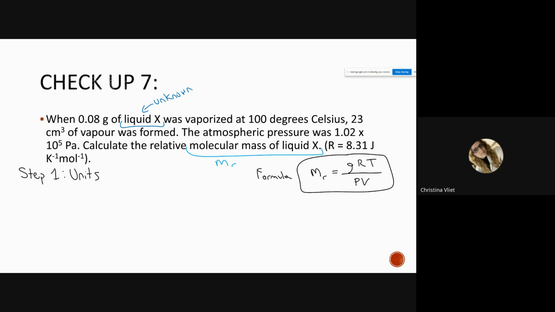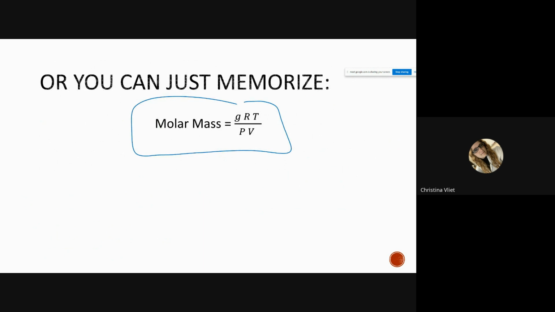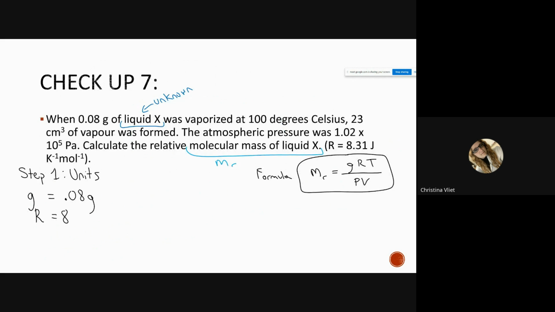So, G, is that the right unit? Do I have the right unit for G? Yes. R, that is a constant. I always have it. What is it? How nice of them. Sometimes. All right, temperature. What do I see for temperature? 100 degrees Celsius.